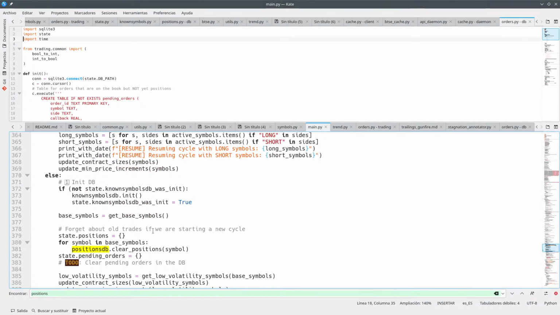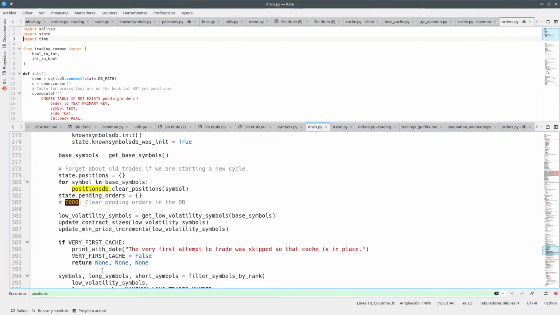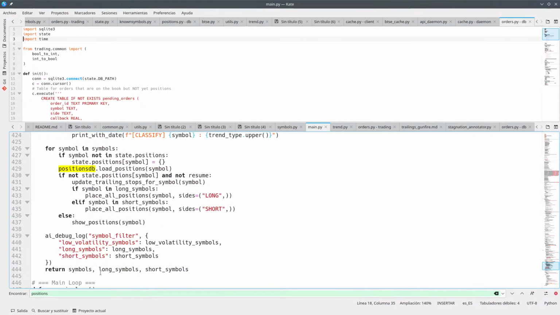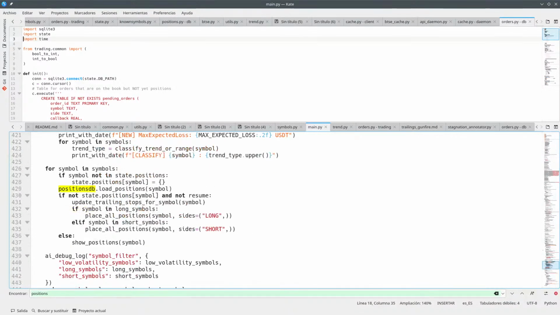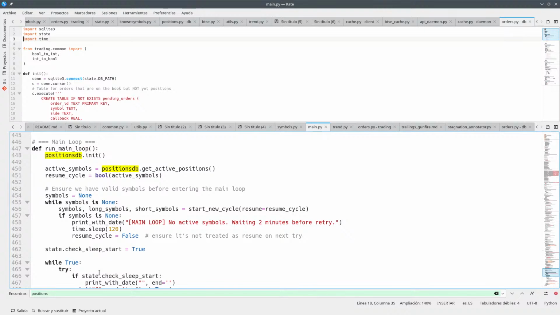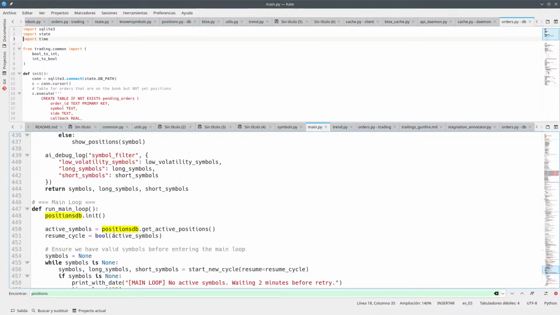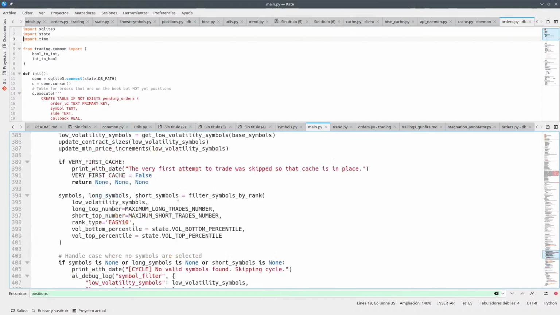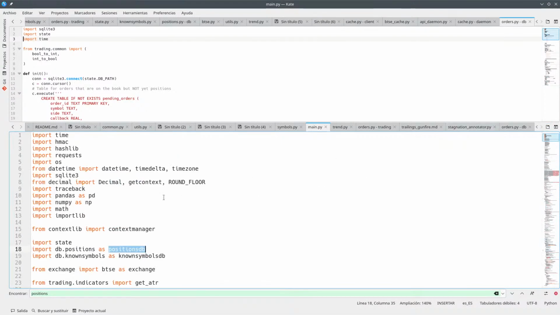And then if you start a new cycle, you need to clear them, which is what you have here. And then you load the positions if whatever. Positions db init and active positions, get active positions. Okay, look at that. So we have a lot of stuff to be doing regarding all of this.